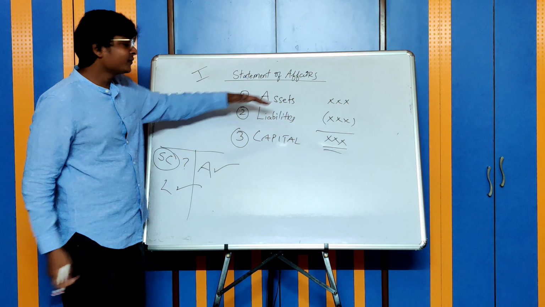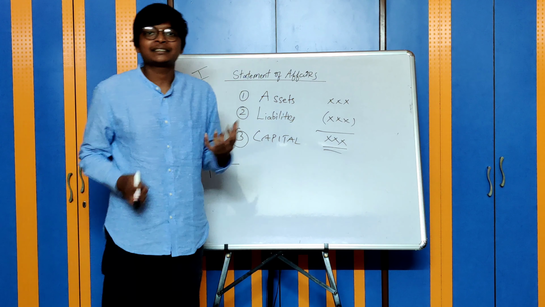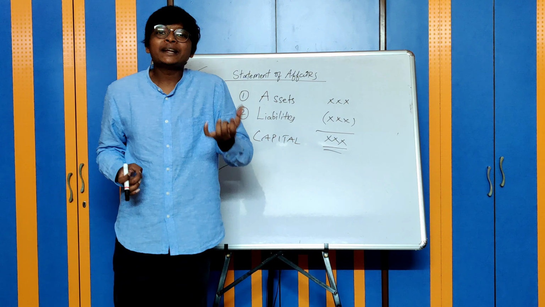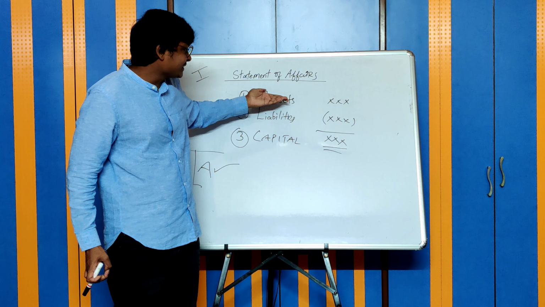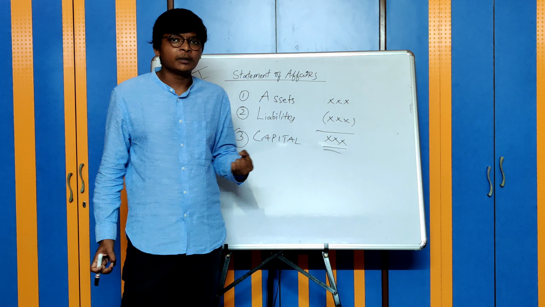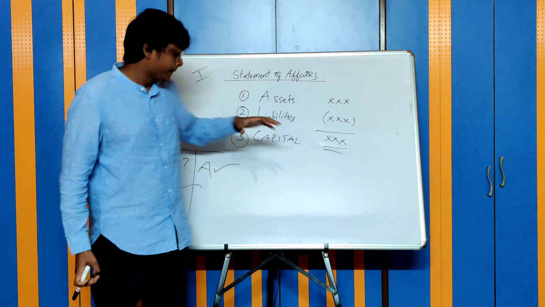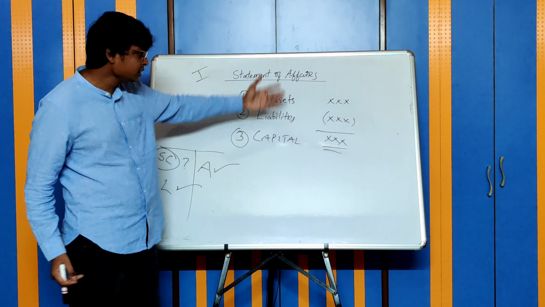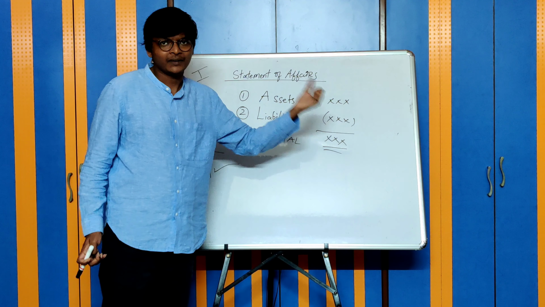Now, if details of assets and liabilities are given at the beginning of the year, my capital will be opening capital. And if details of assets and liabilities are given at the end of the year, my capital will be my closing capital. Based on the available information, my statement format will change to find the missing value.